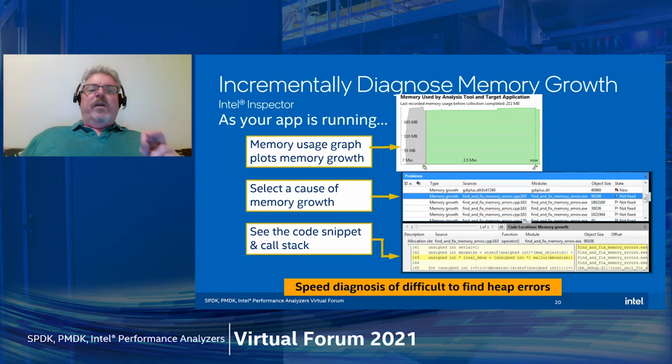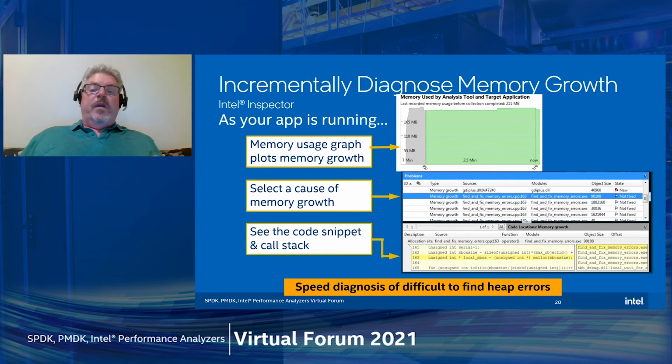So Inspector has a really nice way to diagnose memory growth. On the right-hand side, we have a chart of the memory usage over time. In the list of problems we actually have memory growth.